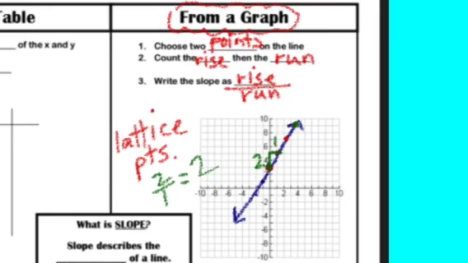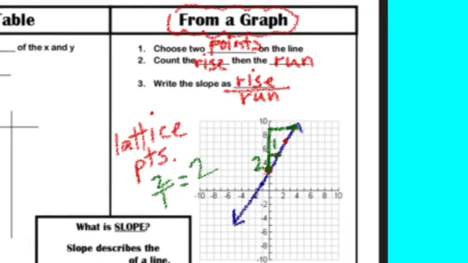Let's count. 1, 2, 3, 4, 5, 6 to go over 1, 2, 3. So if you rise 6 and go over 3, isn't that still a growth of 2?